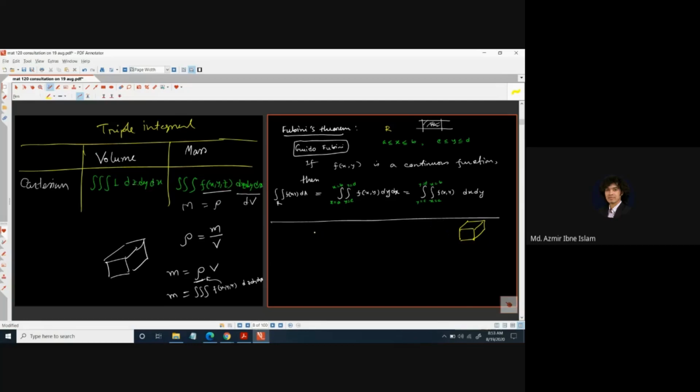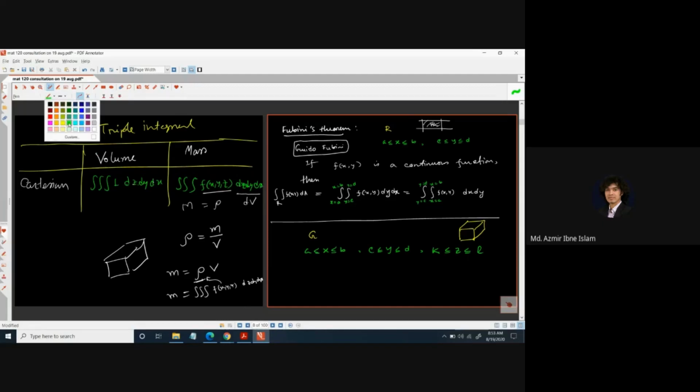Let's say G is a rectangular box that is defined in the intervals a ≤ x ≤ b, c ≤ y ≤ d, and k ≤ z ≤ l.